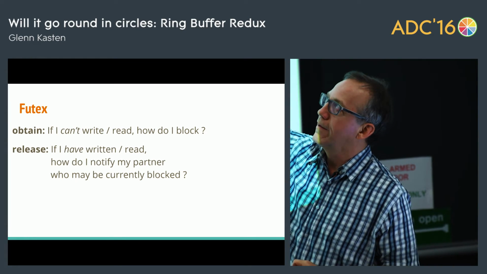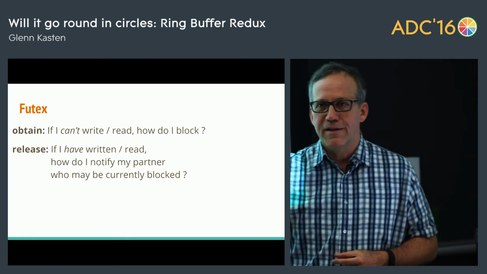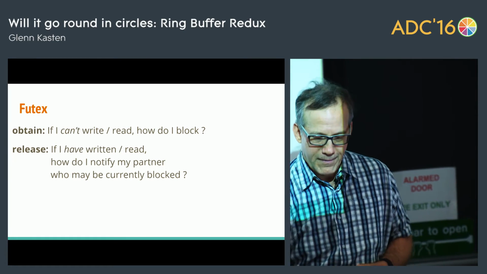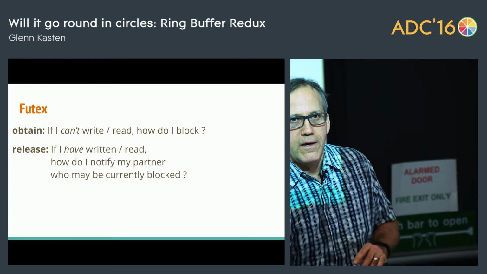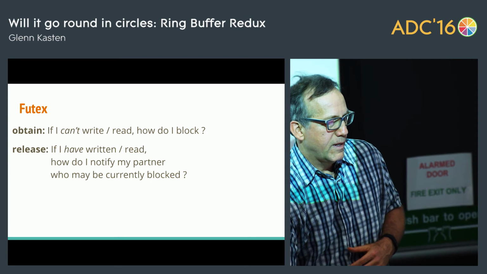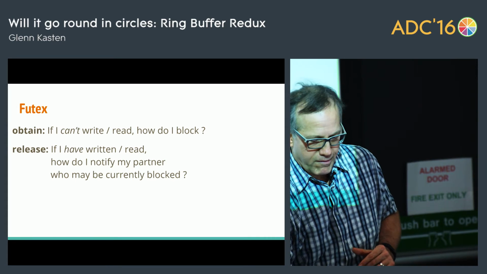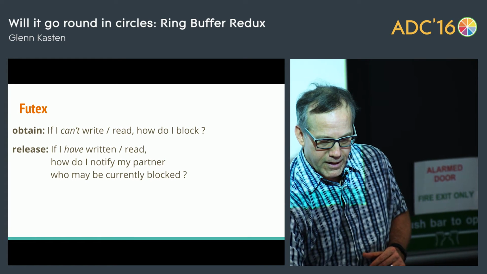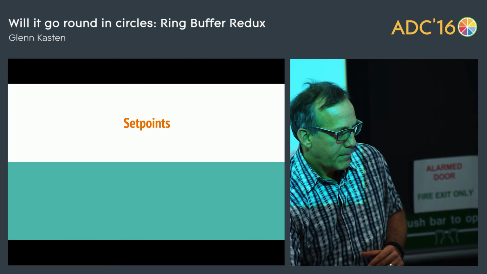This is the good kind of blocking. And in the release stage is, how do I tell the other person to unblock? So I won't go into Futexes a lot. Again, there's a lot of material on the web about it. But it stands for Fast User Mode Mutex. But it's a great API, and I highly recommend using it whenever you can.